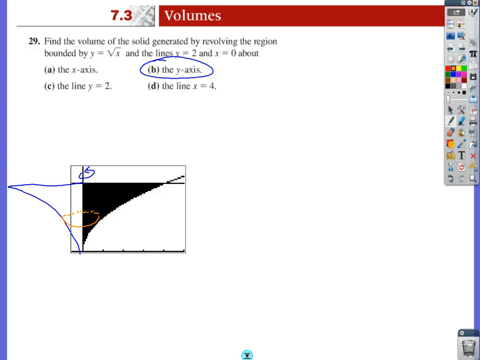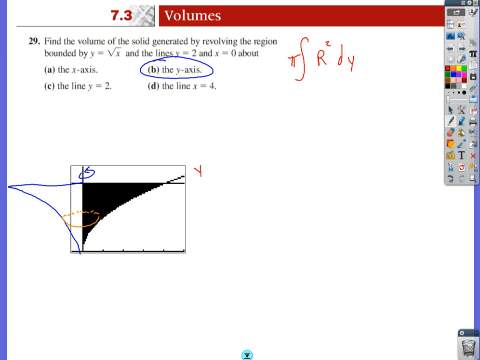Now again, with my whole shape being flush up against my axis of rotation, what shape do I get? I get circles. So in this one I'm going to have the integral of pi big R squared d what? Since I'm rotating around the y-axis, it's going to be dy. So I need to make sure everything's in terms of y.